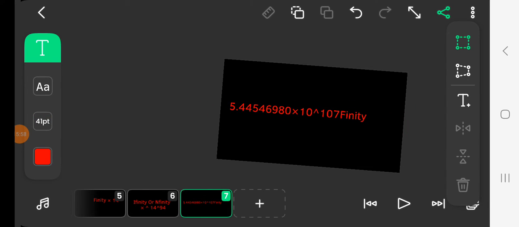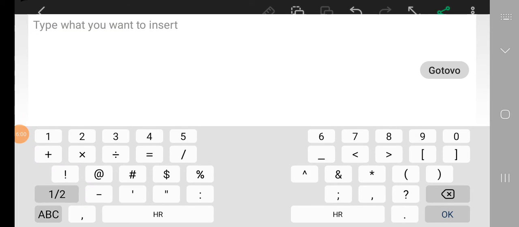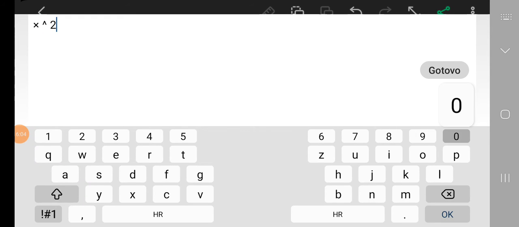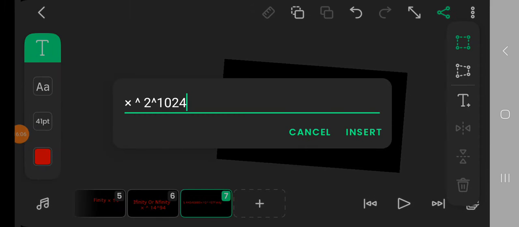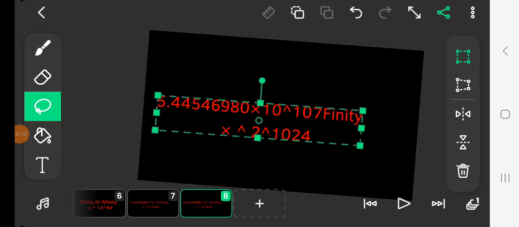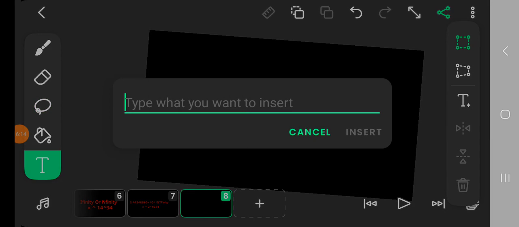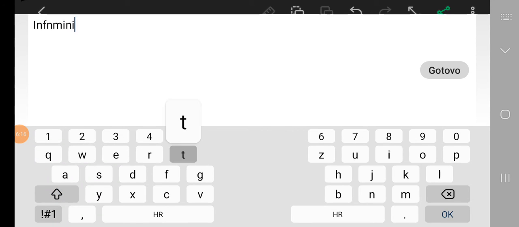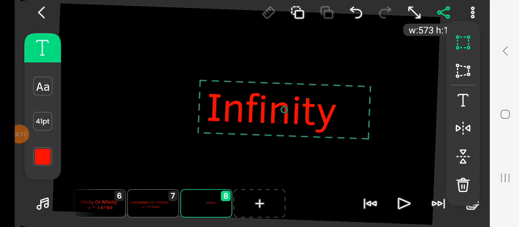Well, if we multiply it and do it with 2 to the power of 1024, we shall get the final number. The number we've been waiting for. Infinity! Yes. By solving this equation, we could probably get an infinity right here.